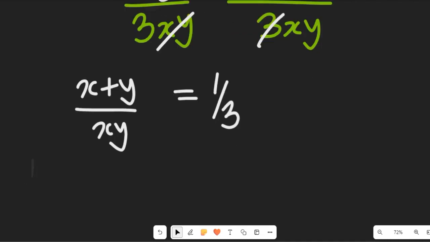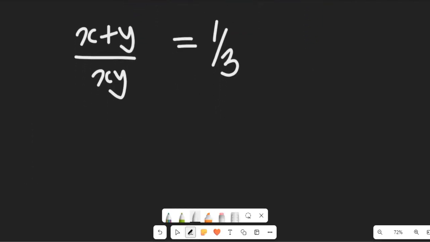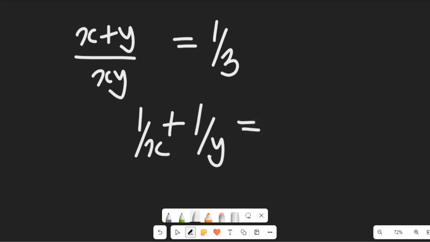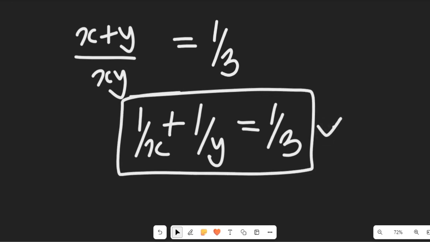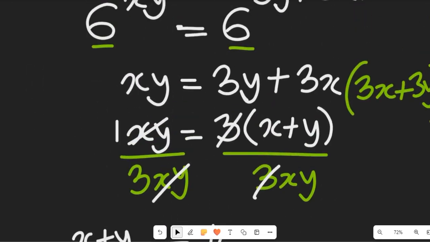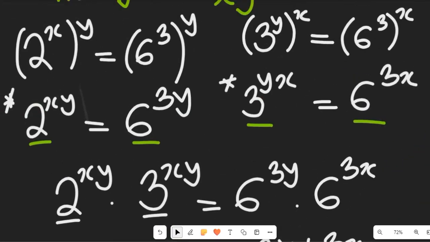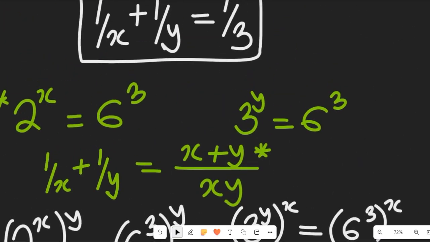And you see x plus y over xy is simply 1 divided by x plus 1 divided by y, which is still equal to 1 divided by 3. So this is the second method we can use in finding the solution to the expression given to us above.